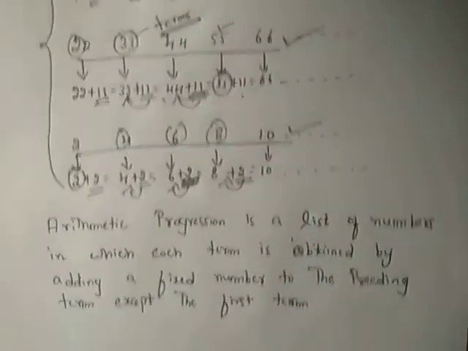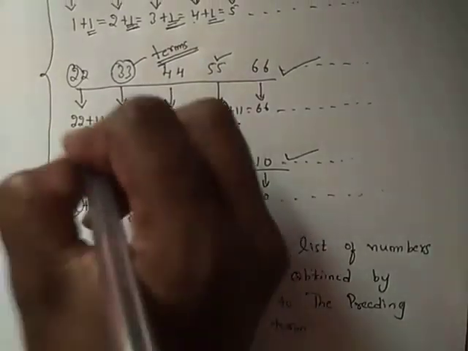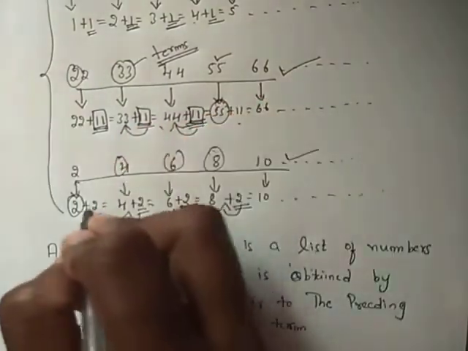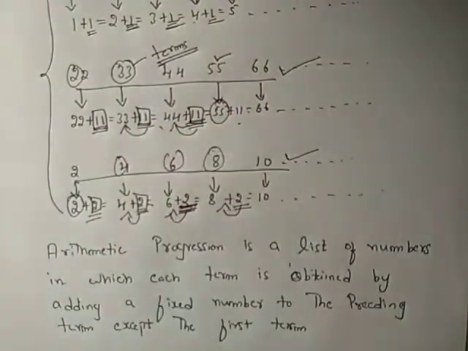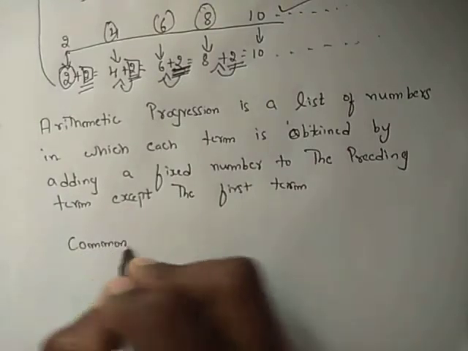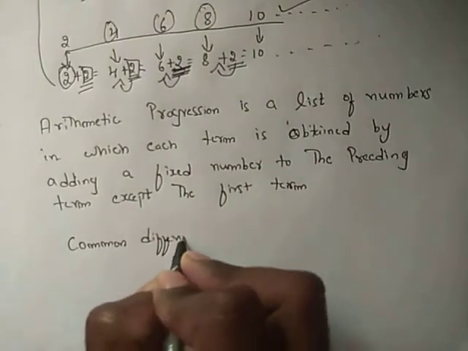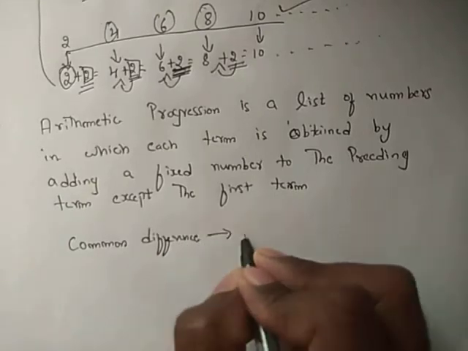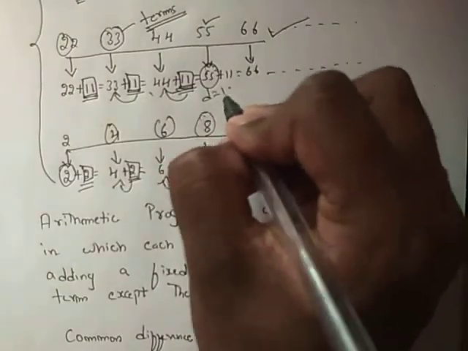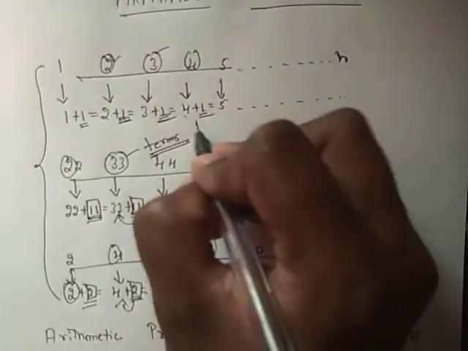These fixed numbers are called the common difference, and it is denoted by the small letter d. Here d is 2. In this example, d is 11. In this example, d is 1.